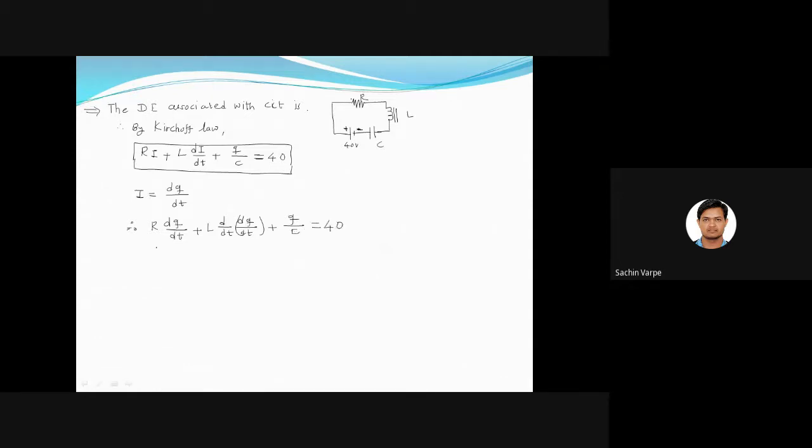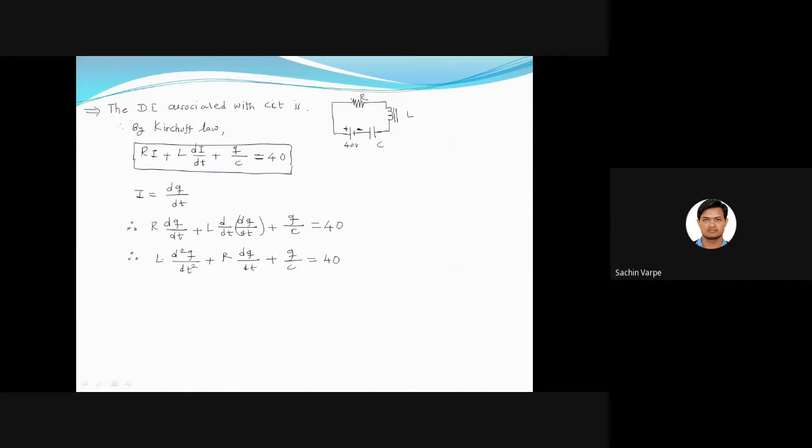Rearranging, it will be L d2q by dt square, a second order operator, plus R dq by dt plus q by C is equal to 40.